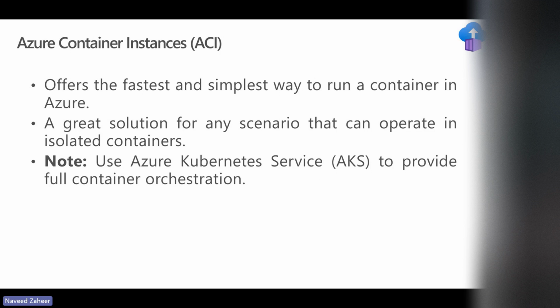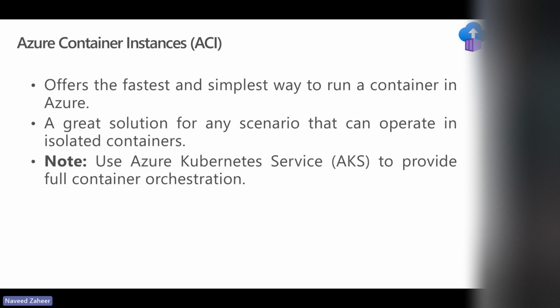It's just a quick way of deploying your container to address scenarios where you want to run a quick task or process something quickly without spinning up a VM. That's the way to do it. And we will briefly talk about some of the use cases that are addressed by ACI.